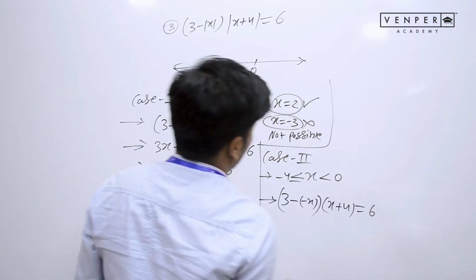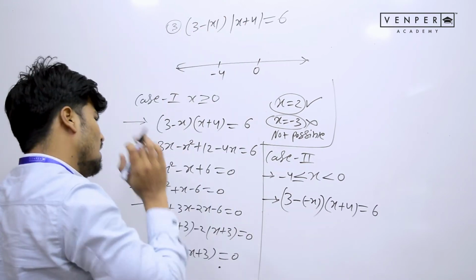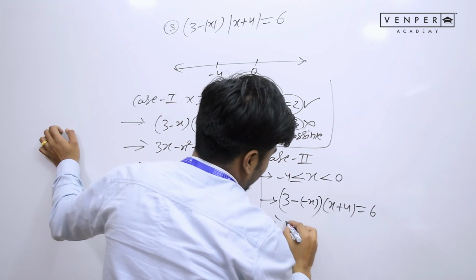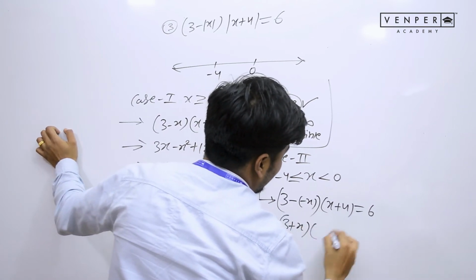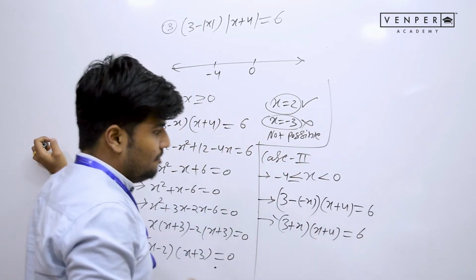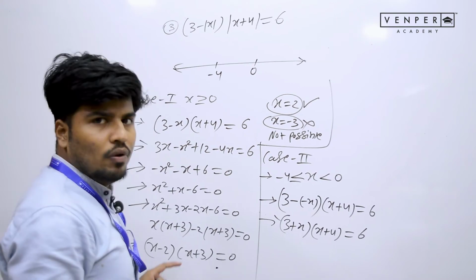You can try any value between -4 and 0 and this bracket will come out positive or 0, but not negative. Again you will get a quadratic equation. If you have practiced enough, you will be able to get the roots from here very easily.